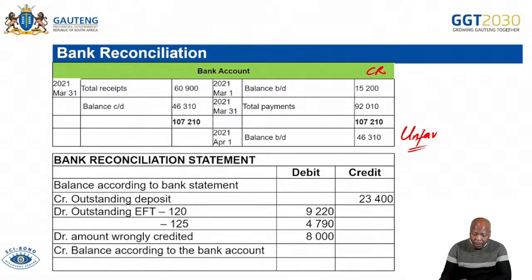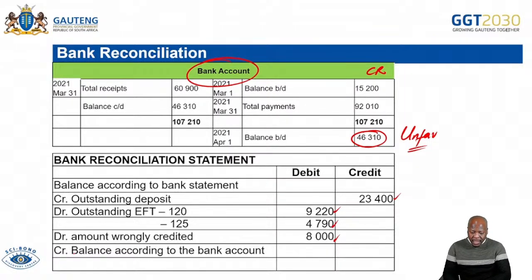Okay, now that we have that one, we can now complete our bank reconciliation statement. So remember, we have recorded this one already. We now have the balance as per bank account from the general ledger. So I can then bring it.